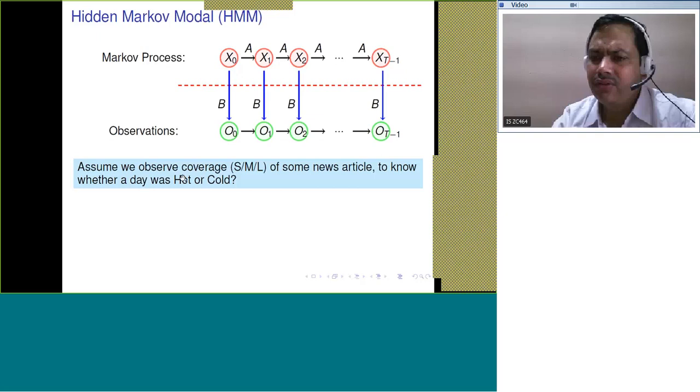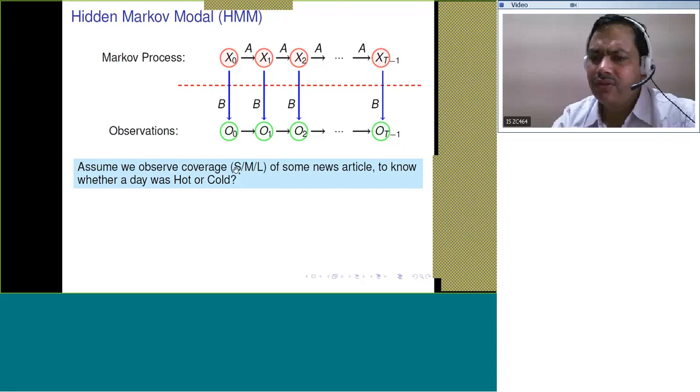Assume we observe, and I have an example, the coverage, small, medium, or large, of some news articles. I open the newspaper in the morning and see the coverage of snowfall.